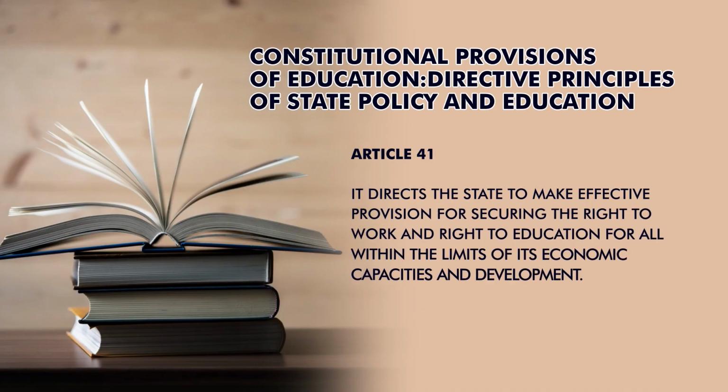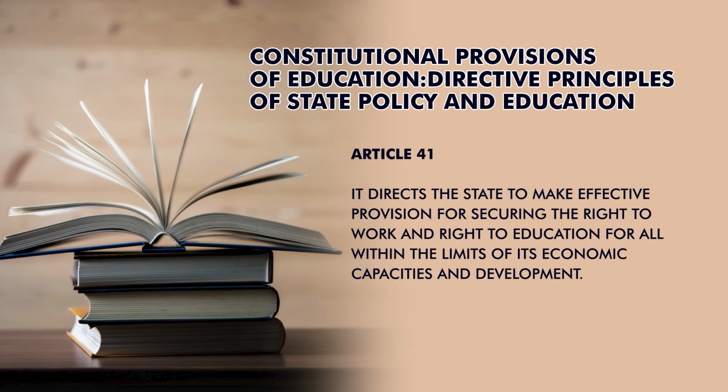But now let me focus upon the other article, Article 41, under directive principles of state policy and education. It directs the state to make effective provision for securing the right to work and right to education for all within the limits of its economic capacities and development. Try to understand right to work and right to education.